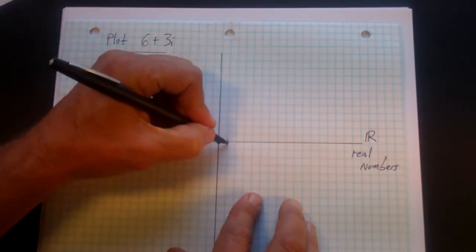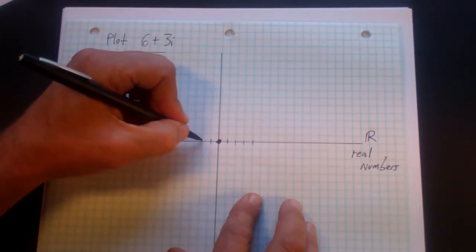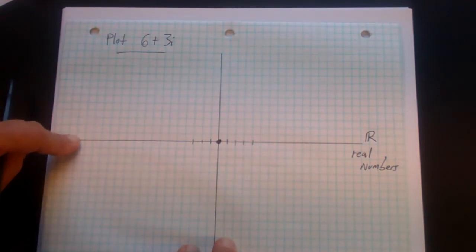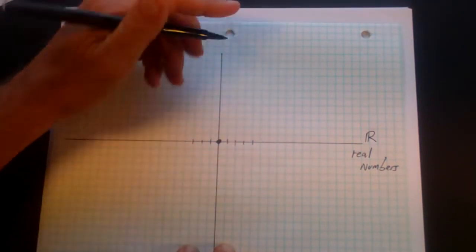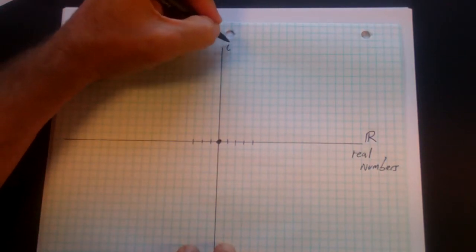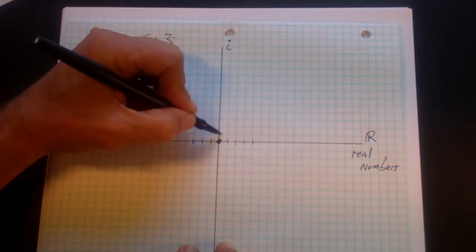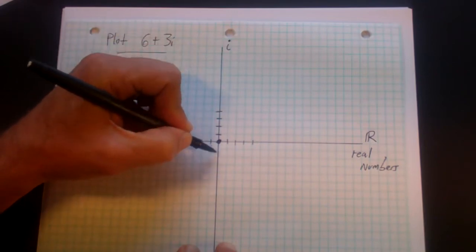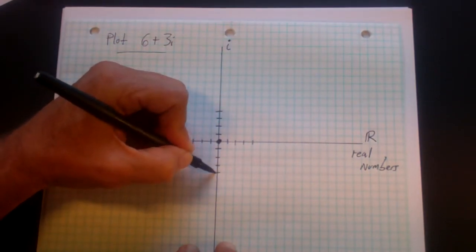So that's +1, +2, +3, +4, -1, -2, -3, etc. This is nothing more than the real number line that you learned when you were very young. The vertical axis we're going to call i, or the imaginary axis. As we go in this direction, that's positive, so that's +1i, +2i, +3i, +4i. And going down would be -1i, -2i, -3i, -4i.